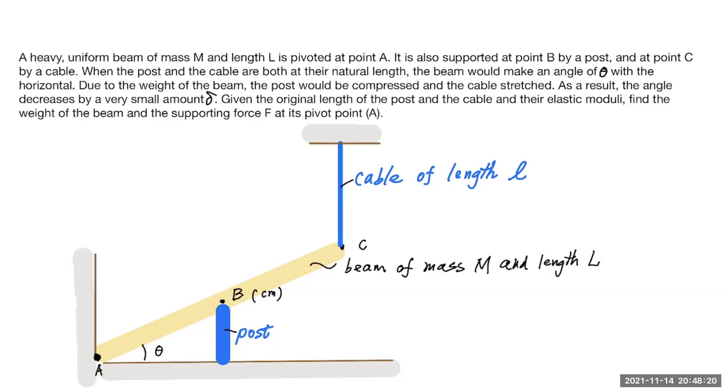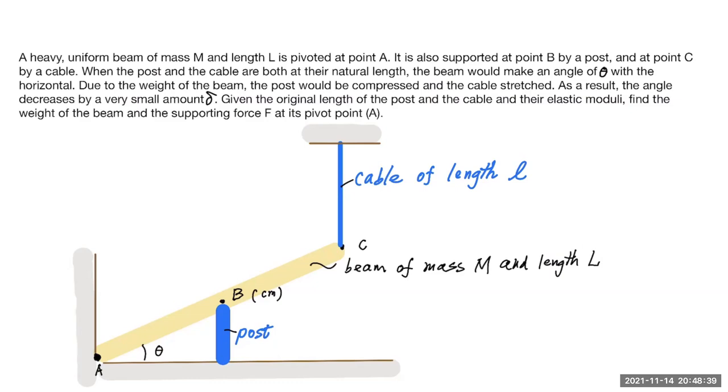Now, one thing we notice is that the weight of the beam at point B, the force of support at point B by the post, as well as the supporting force provided by the cable at point C, all these forces are vertical.